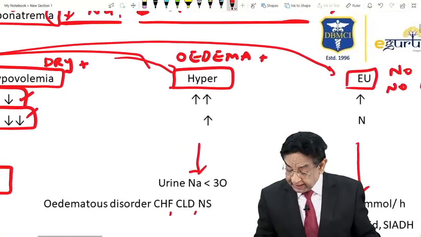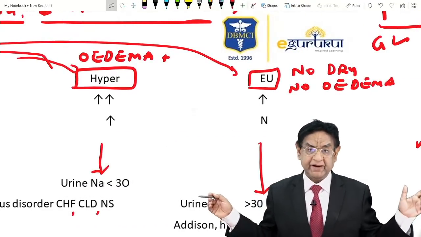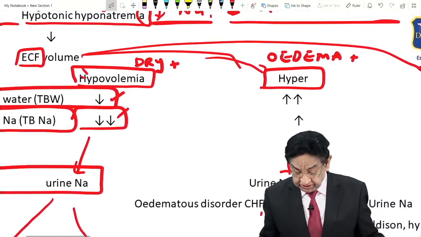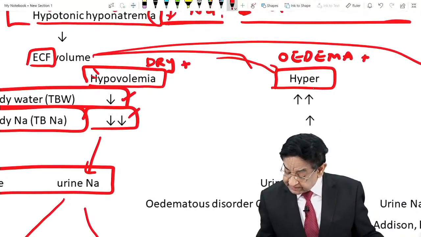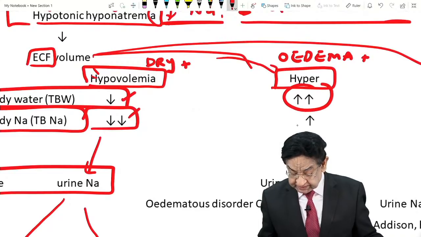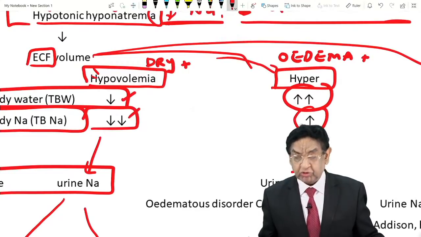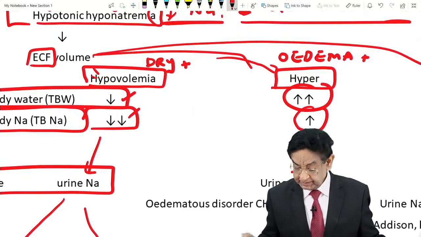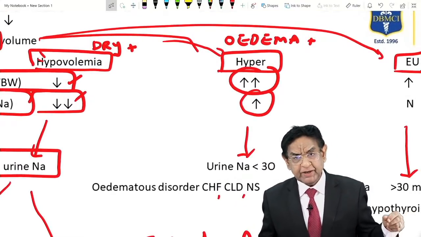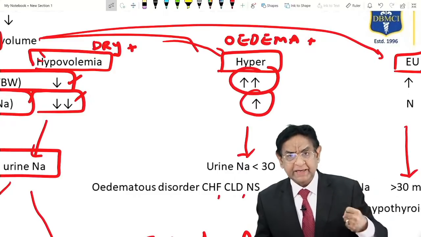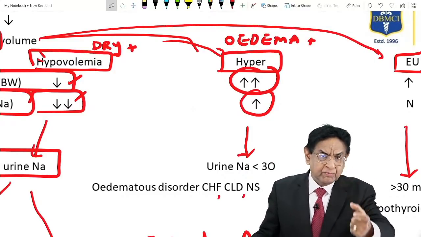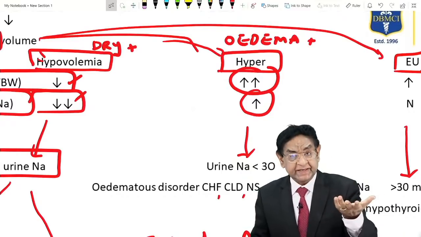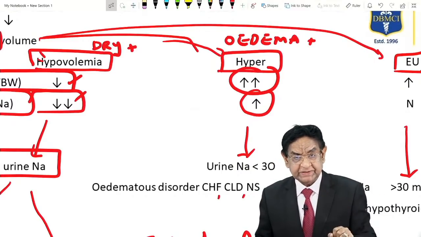Now we talk about hypervolemia, where we have edema of feet. In this, total body water is much more increased and total sodium is also increased. Point to be noted. Total body water and sodium both are increased, but water increase is more and sodium increase is comparatively less.